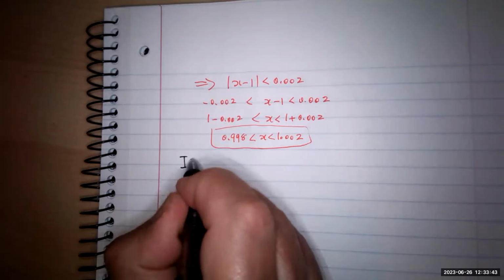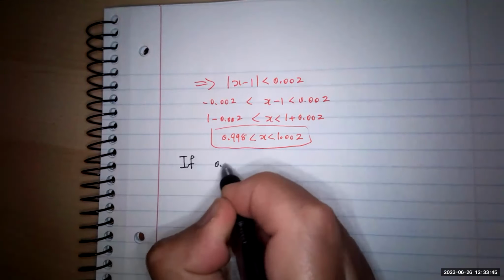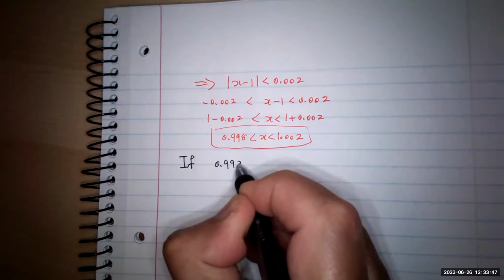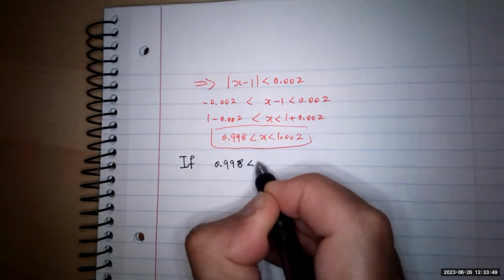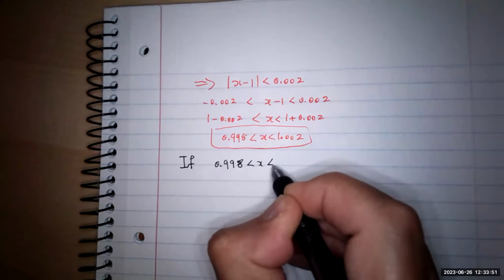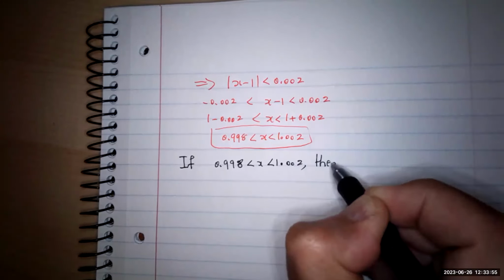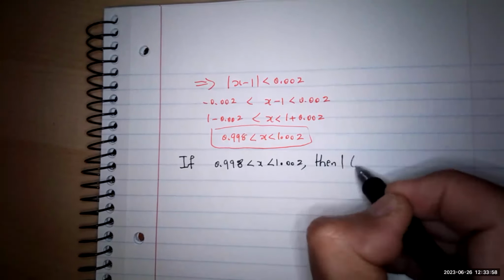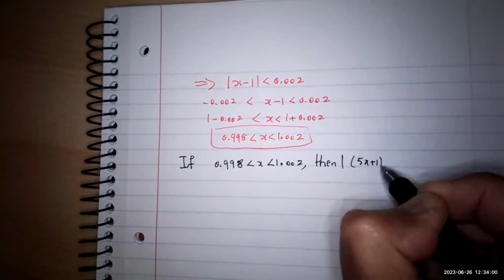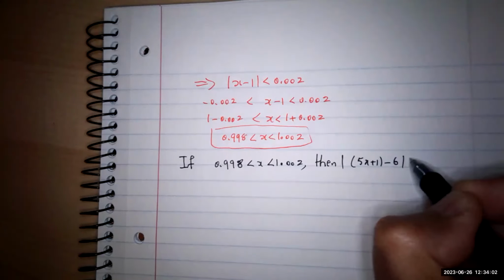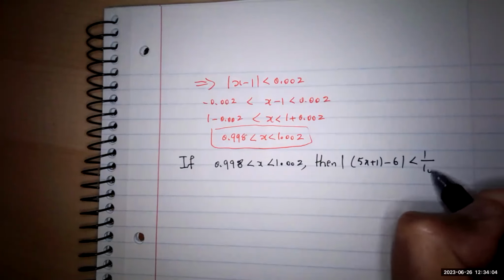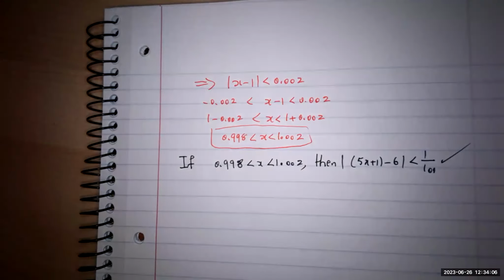This means if you pick the x to be any number between 0.998 and 1.002, then it's guaranteed that the difference of 5x plus 1 minus 6 is going to be less than 1/100. Nice proof of the limits.